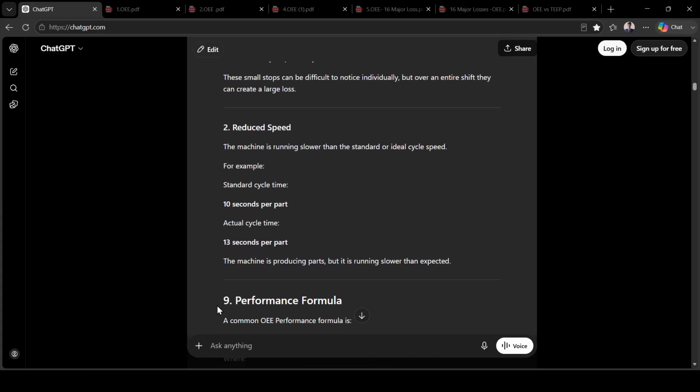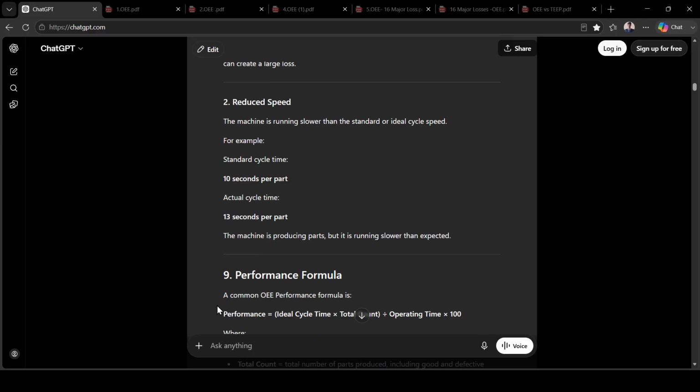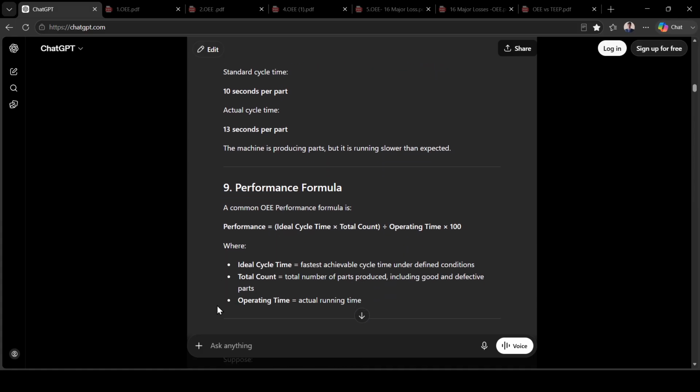The second loss is reduced speed. The machine is running slower than the standard or ideal cycle speed. For example, the standard cycle time is 10 seconds per part, but the actual cycle time is 13 seconds per part. The machine is producing parts, but it is running slower than expected. So that is reduced speed.